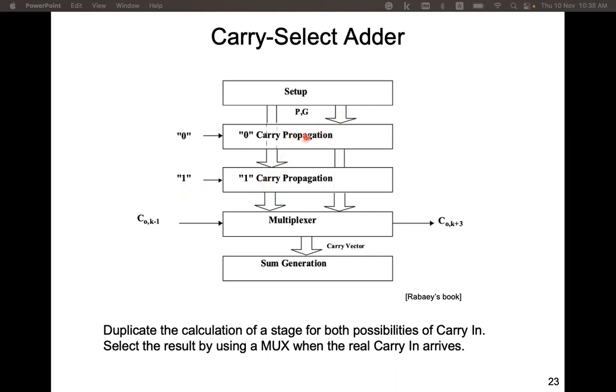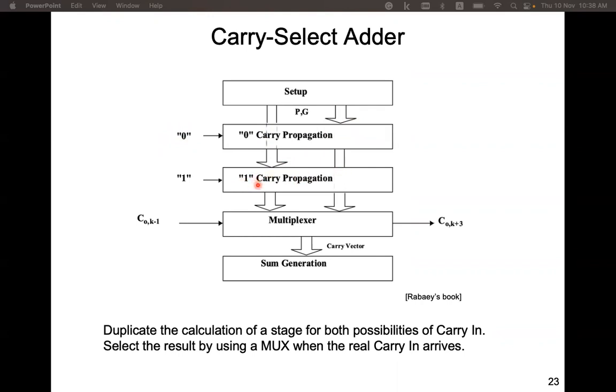So you see the diagram here. This carry output is generated based on the setup and the assumption that the carry in is 0. This is another set of hardware.